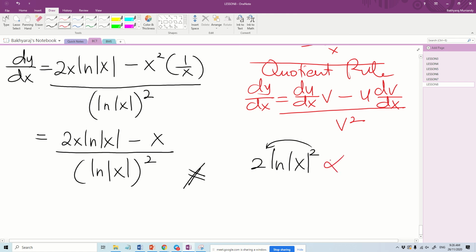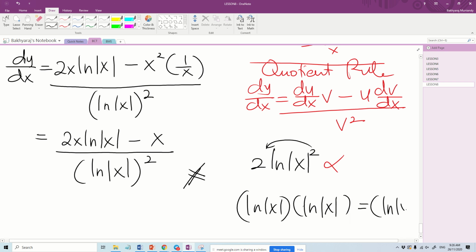So sebab apa saya letak dekat luar? The reason is because log x times log x, sebab kuasa 2. That's why I put (log x) square. Dia v square sebab itu ni 2 kali, so it is not like this one. That's why you cannot put like this.